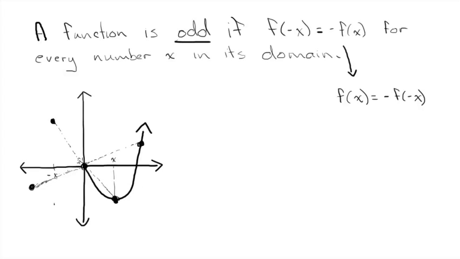If you did that for a bunch of points, you'd see that it looks something like this. It's like a mirror image twice. You take this thing, reflect it in the y-axis, and then flip that and reflect it in the x-axis. So the way we say it is it's symmetric, with two m's, about the origin.